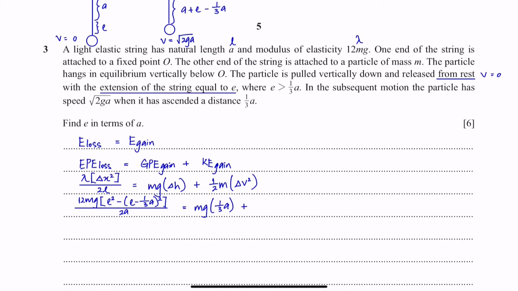And for KE, it would be half m times v squared, because initially it has speed of 0, so we can just ignore this.